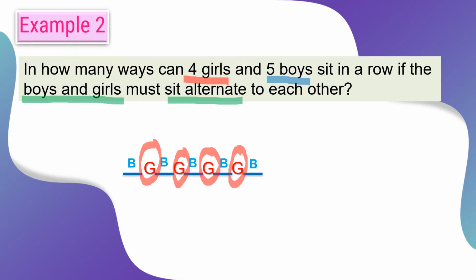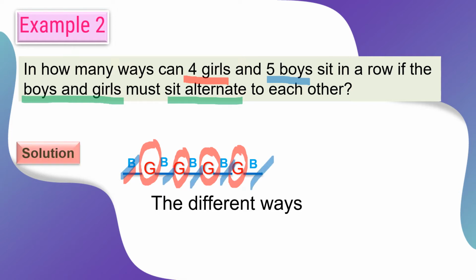Why start with the girls? Because there are fewer girls than boys, so it is easier to start with the girls, and the boys can be placed alternately between them. After arranging the 4 girls, we arrange the 5 boys in the positions between them.